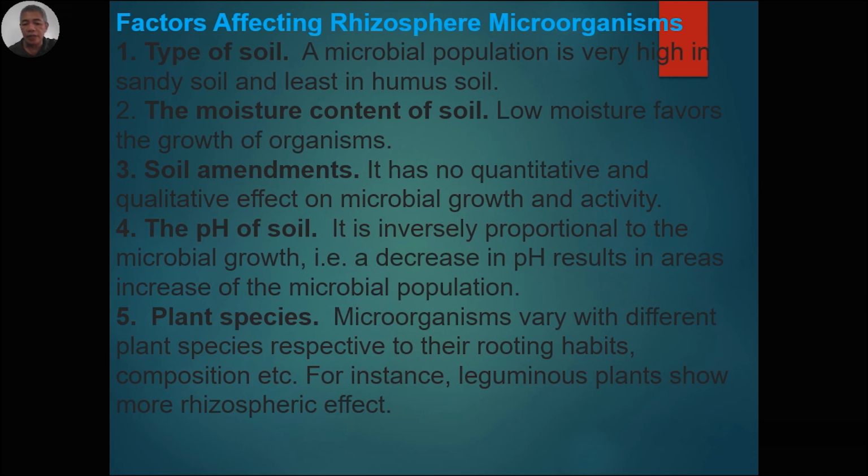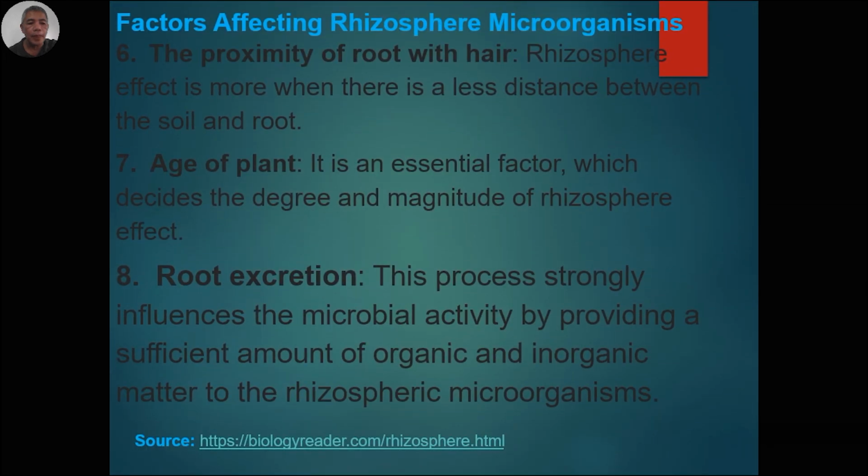Plant species: microorganisms with different plant species are respective to their rooting habits, composition, and others, of course. For instance, leguminous plants show more rhizospheric effect. We have also the proximity of root with hair.